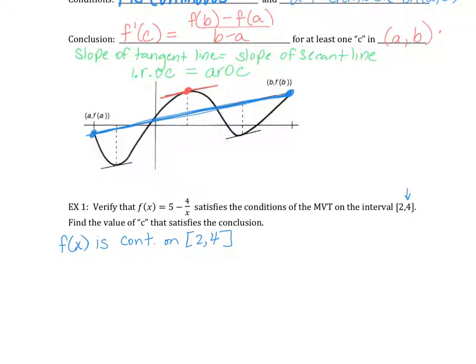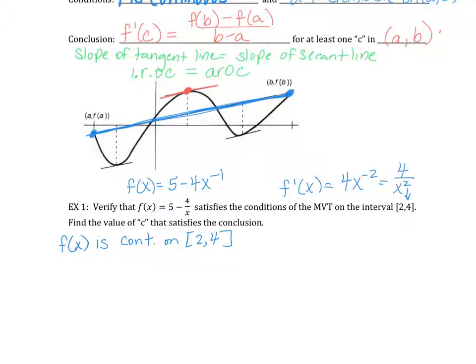Now, do you know it's differentiable? If you have a problem, if you're like, gosh, I don't know, is it differentiable or is it not? Go ahead and find the derivative. I could write f of x as 5 minus 4x to the negative 1. So would you agree that f prime would be equal to, if I did the power rule, 4x to the negative 2, or in other words, 4 over x squared?